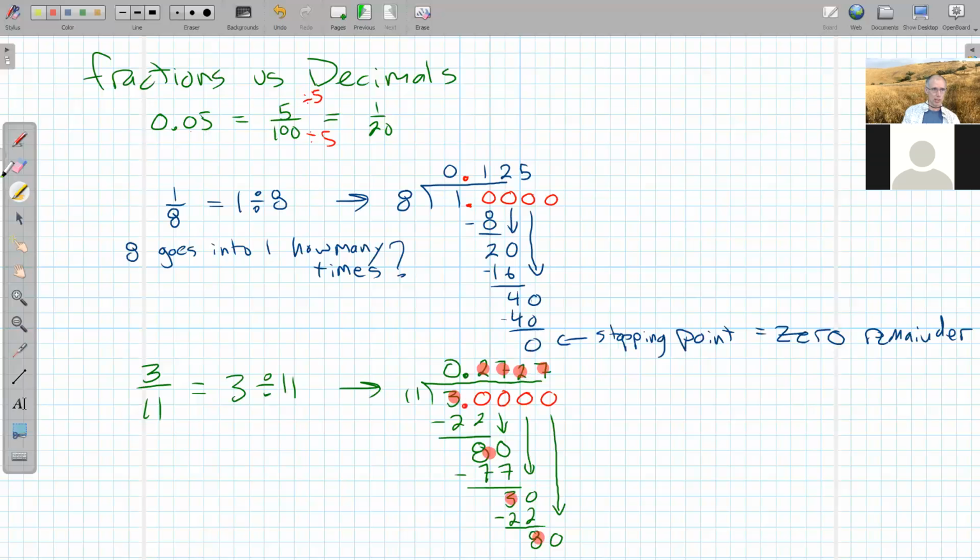And it turns out the repeating remainder is the more important part. So we're going to keep getting a remainder of 3, then 8, 3, then 8. That leads to a quotient that's a 2 and a 7, a 2 and a 7.